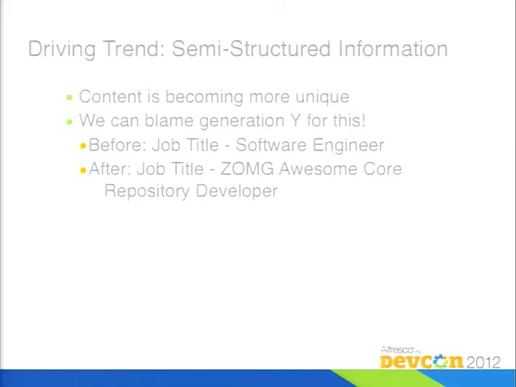I don't want to be called a support engineer, and you can't fit that into a job title table. I want to be this awesome core repository developer, and it's difficult to express that in the same tables that we used to.